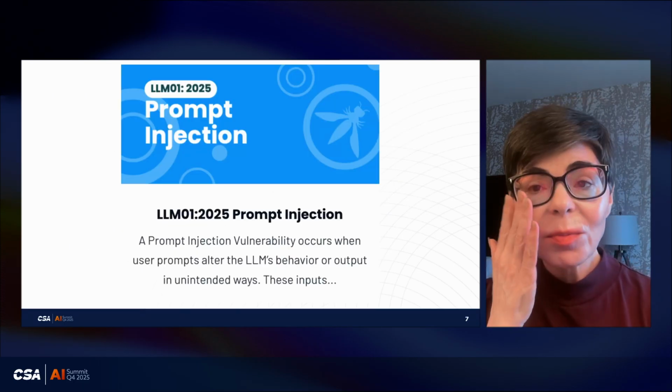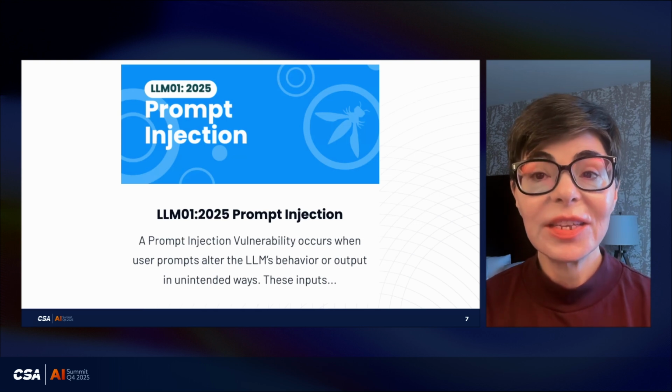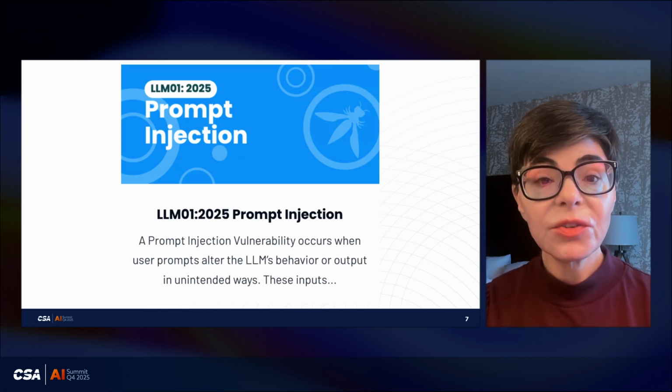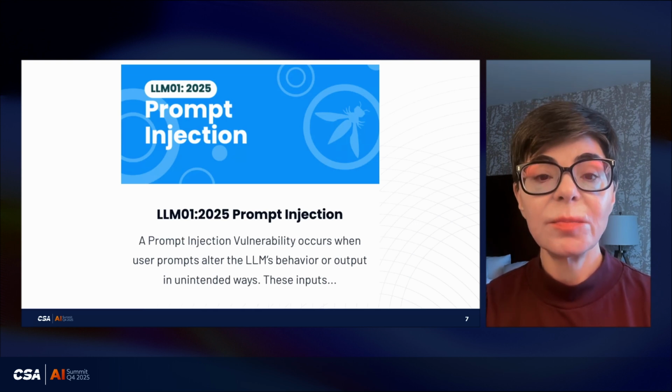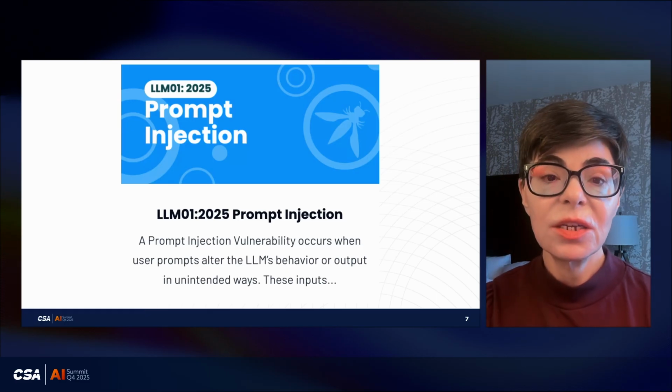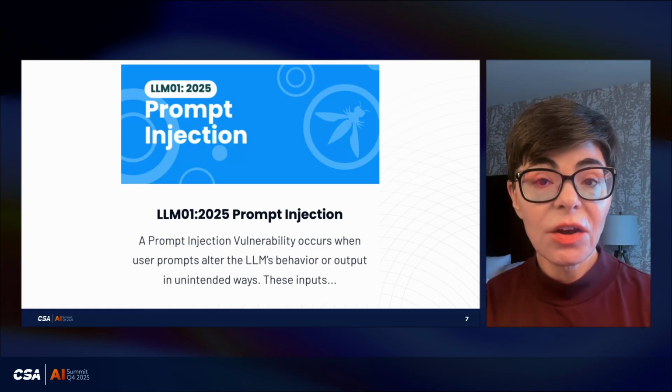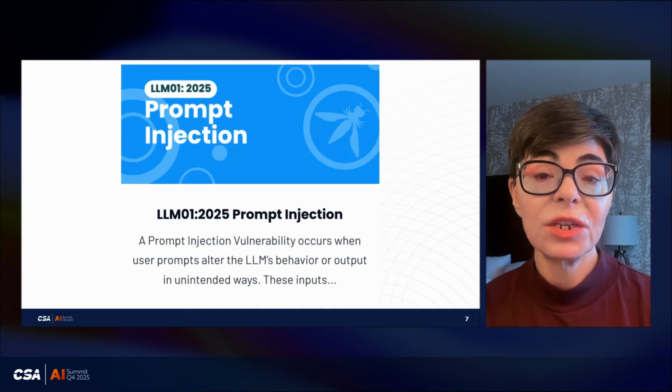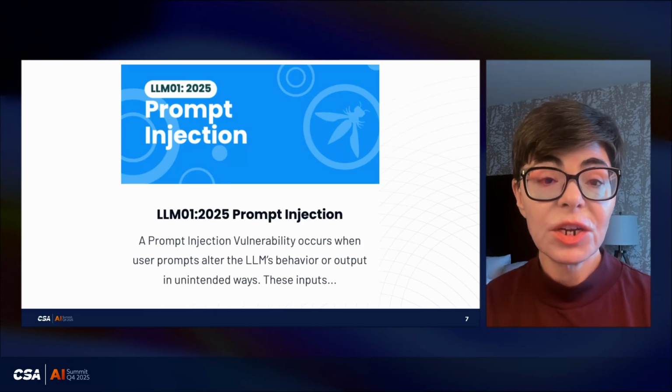And as you can probably imagine, this really heavily relies on prompt injection. Going back to OWASP, in the top 10, this is actually the number one risk that is called out in the LLM top 10 for 2025 by OWASP. Prompt injection.